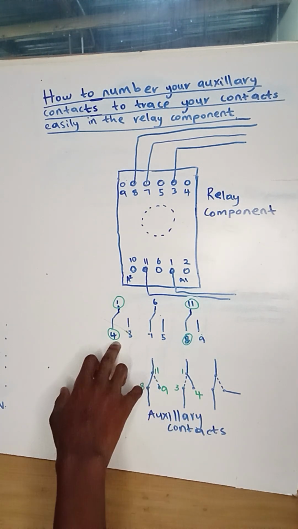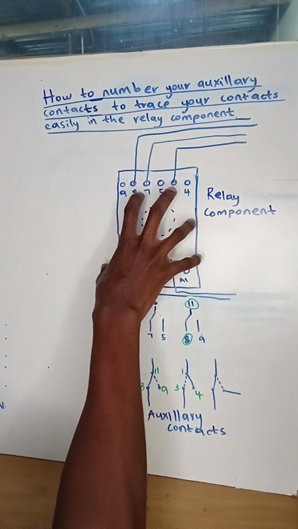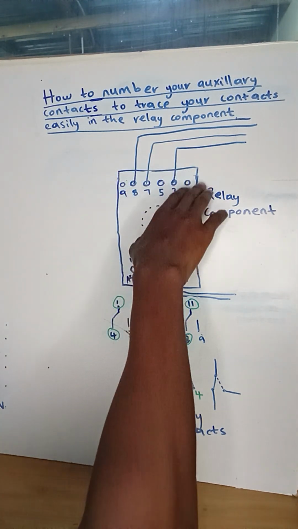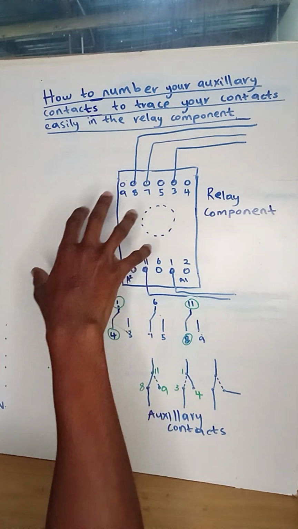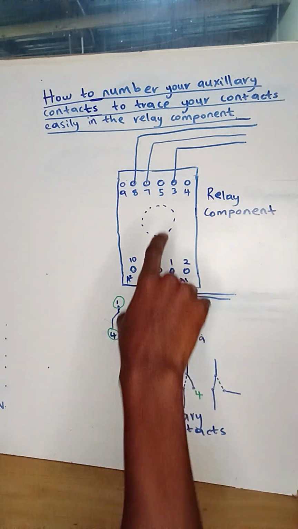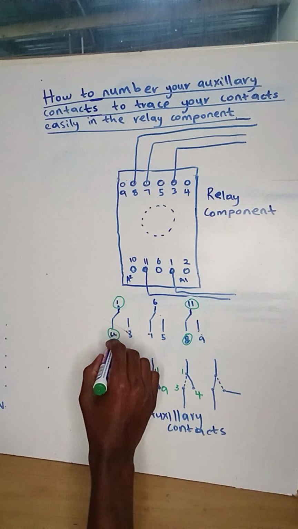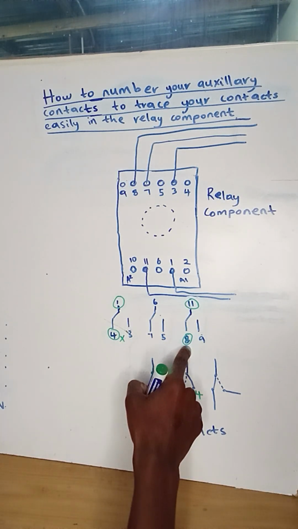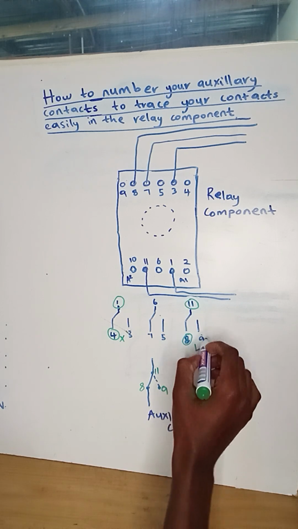Since we have our close contacts, we'll go to the relay component and check the top points, which are our contacts, and check if 4 or 8 is connected. Number 4 is here, not connected, which means it's out, and number 8 is here and is connected, which means it's right.